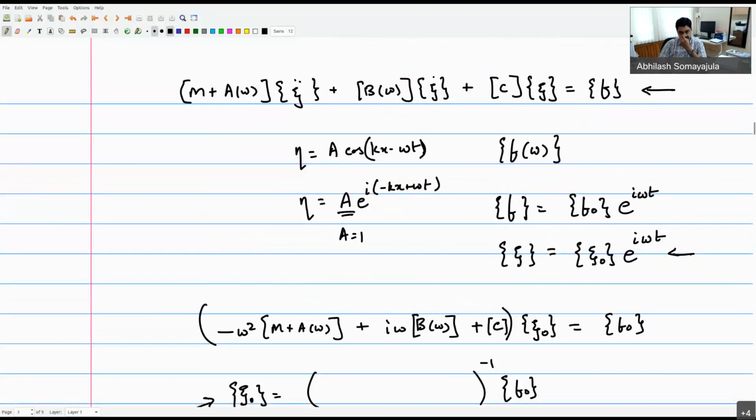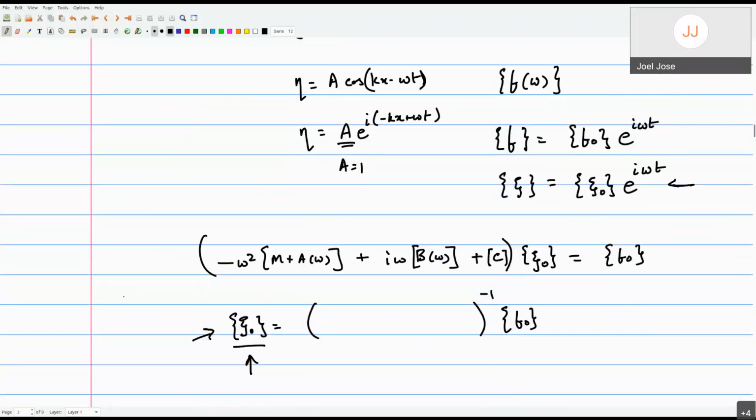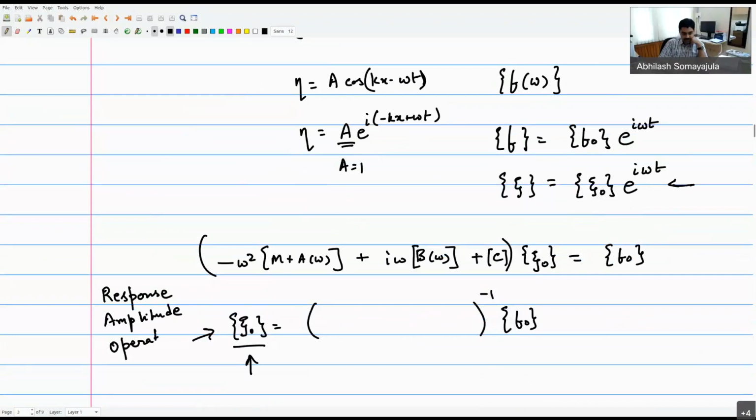Is there a confusion on this? No, sir. Is that the amplification factor? This is called the RAO, response amplitude operator. Response amplitude operator. And that's the RAO.